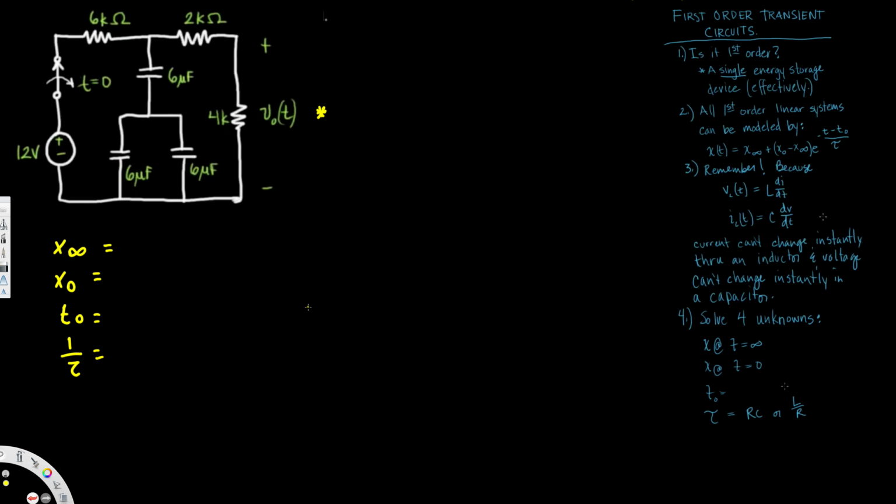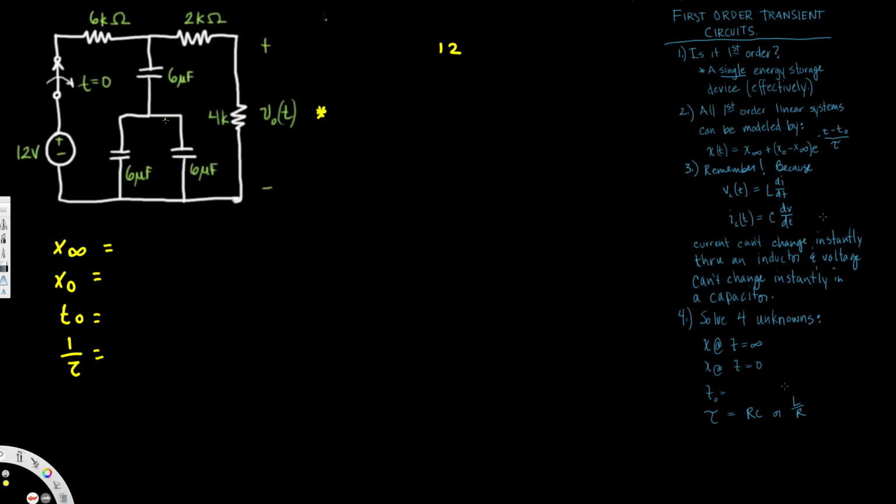First of all, what I like to do is combine the energy storage devices into one. I want to keep it as one. If you remember, when we have capacitances in parallel, we can directly add them, and when they are in series we multiply and divide by the sum. So here we have 6 plus 6, that's going to be 12, right? And then the 6 is in series with it now.